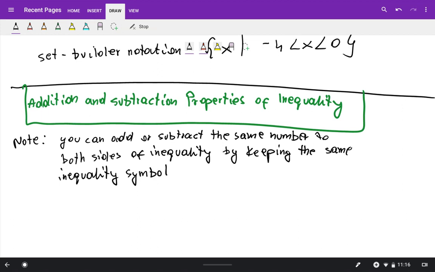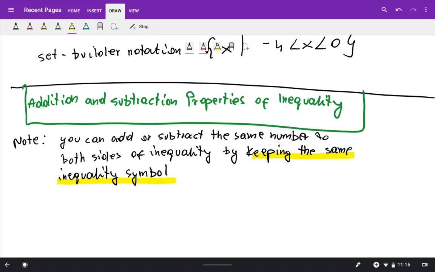So when you solve inequalities like equations, you isolate the variable, you keep the variable on the left side of the inequality and the numbers on the right side. So you can add and subtract the same numbers, any numbers, to the inequality. And when you do that, you're always keeping the same inequality symbol.